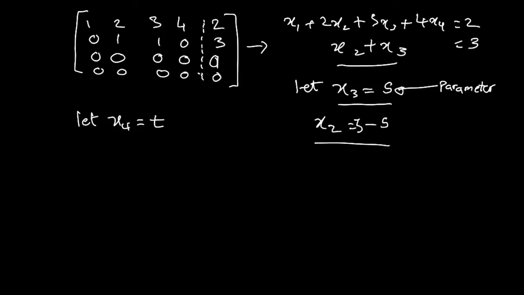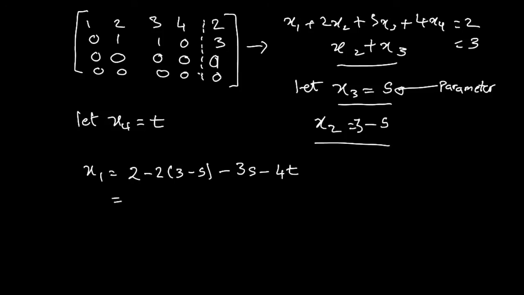So if x4 is equal to t, and we have x2 and we have x3, now we can find x1. So from the first equation, we have x1 is equal to 2 minus 2 times 3 minus s, that's 2x2, and then minus 3 times s and minus 4 times t. So that's the value of x1.